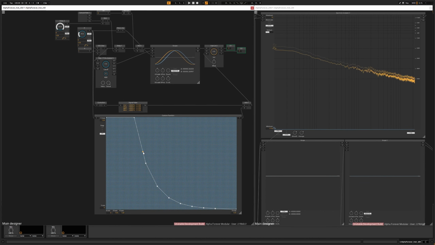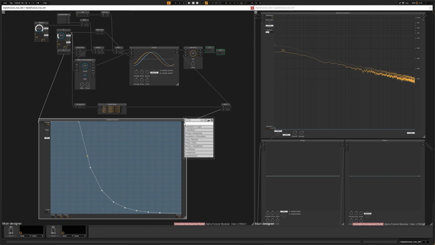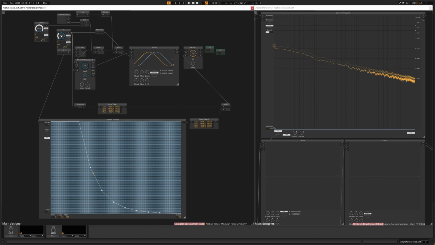It tells me it's 76. And let's see the output also here. It's 80. But they are close. They are very close.